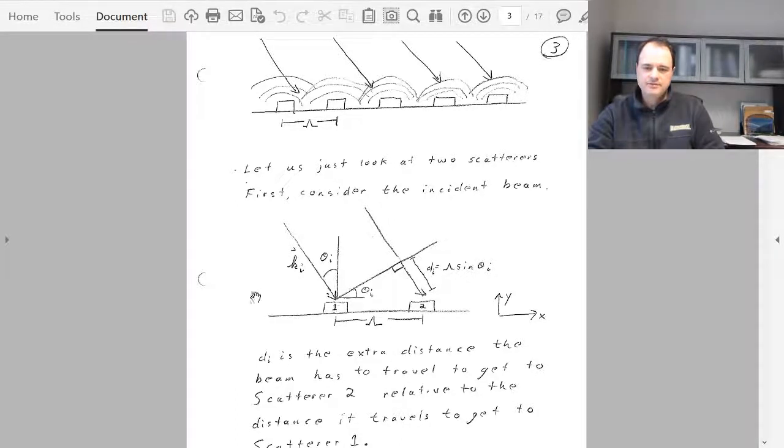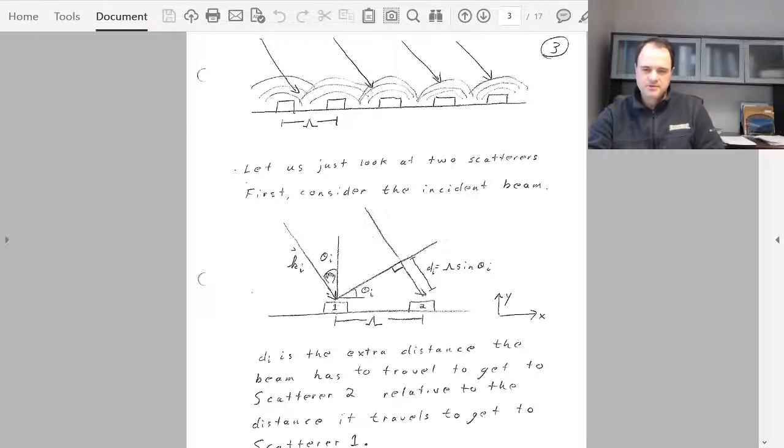So this plane wave, with constant phase on these planes that are impinging onto this surface, if we follow a particular phase point on this wave, we see that it first will encounter resonator 1. And then that same plane of constant phase needs to go further before it hits resonator 2.